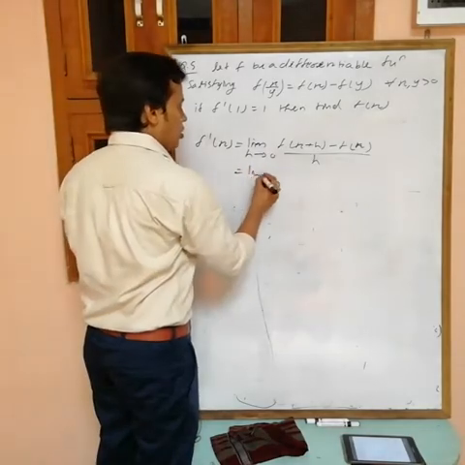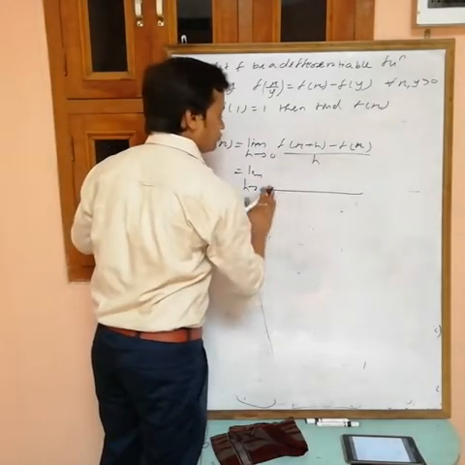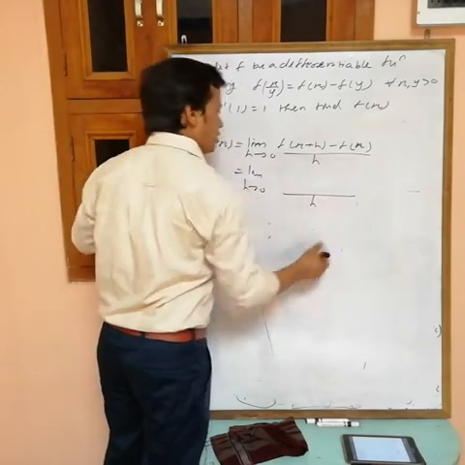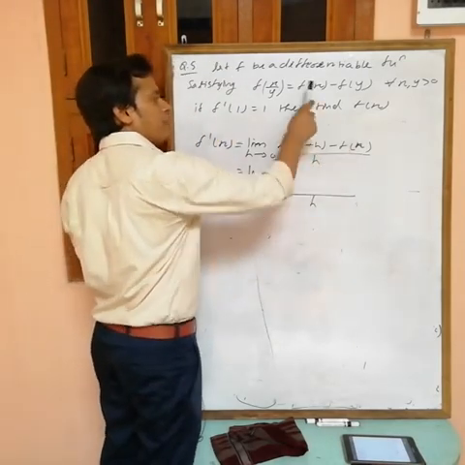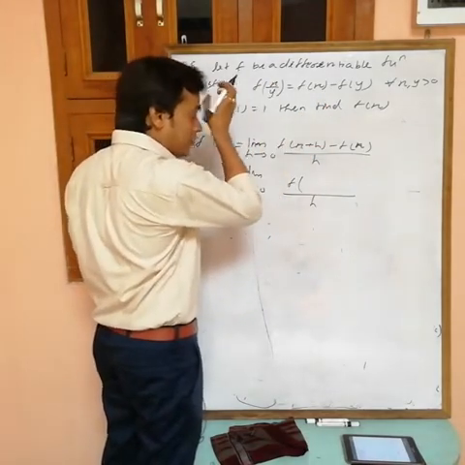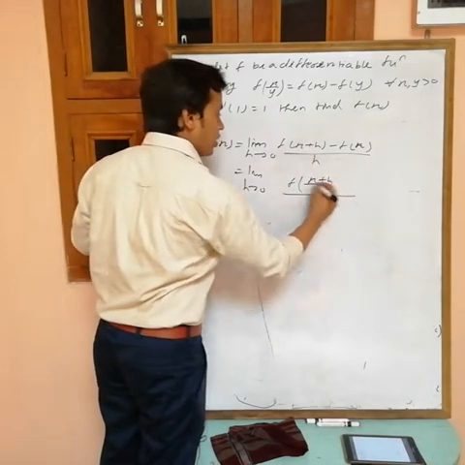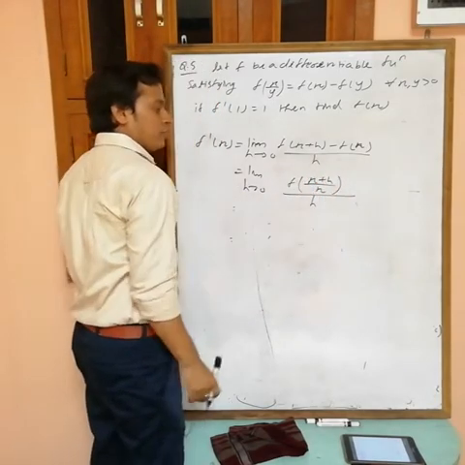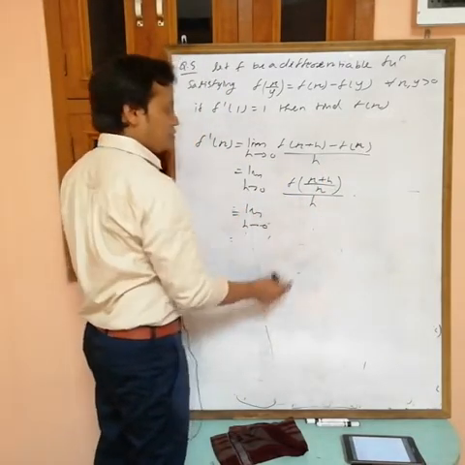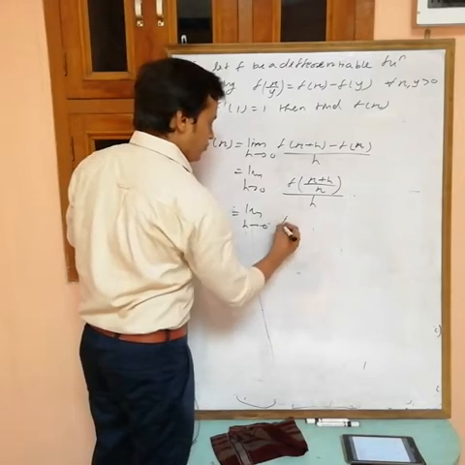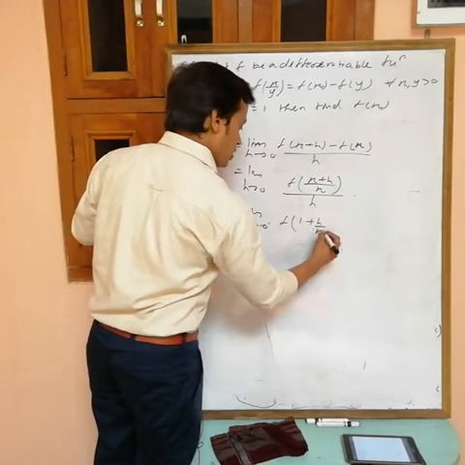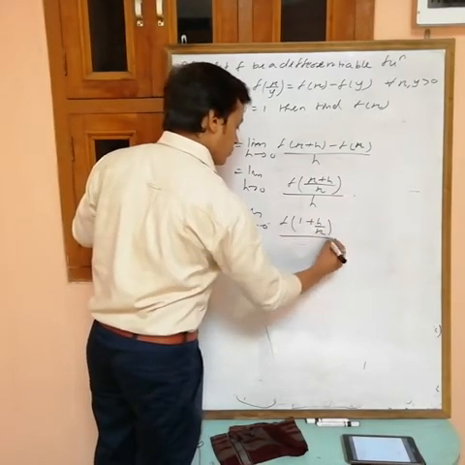So limit h tending to 0, I am writing 1 by h outside, then f(x plus h) minus f(x) is f of (x plus h) by x. Now if you solve the limit h tending to 0, dividing with x, what we are getting is f(1 plus h by x) by h.